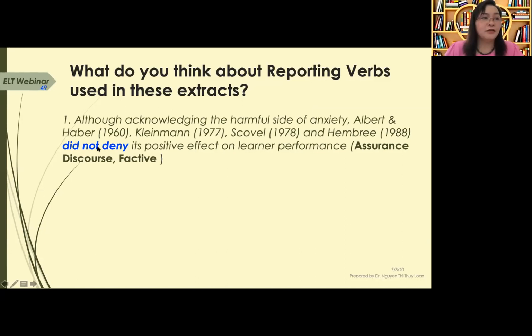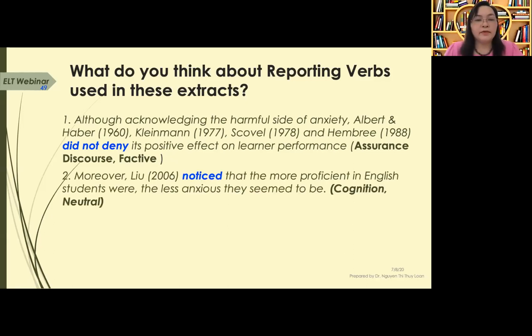You say did not deny, meaning agree, right? So if you want to show that you agree, you believe what they found is correct, why don't you say asserted that or found that, to be clear that you are in support of this argument? So that's why this way of using the reporting verb is wrong, or I would say not effective.